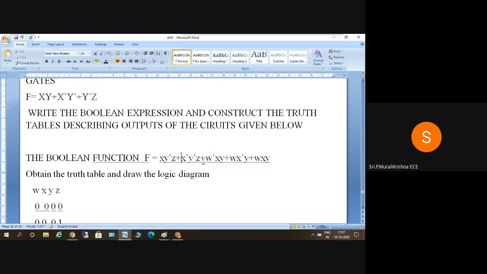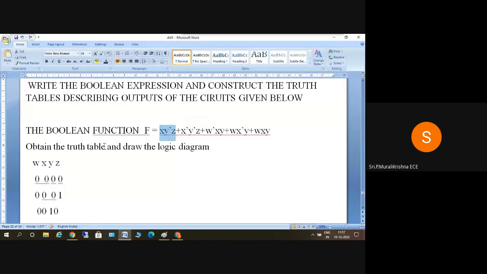First of all, what I need here? I need this value, this value, this value, and this value. These are the product terms here. So I need all these values and finally add all these things. I'll get the value of f. Find all these values, and just substitute the values of x, y, z here and there.